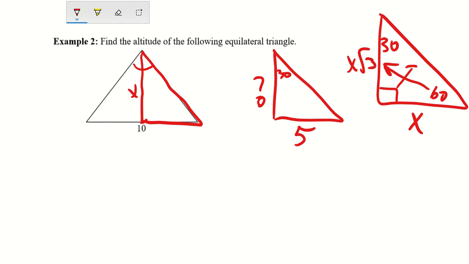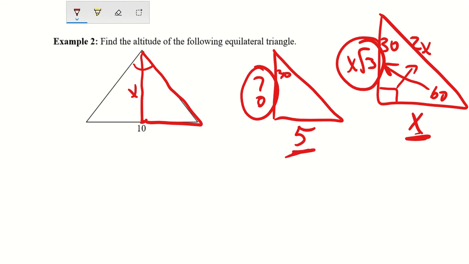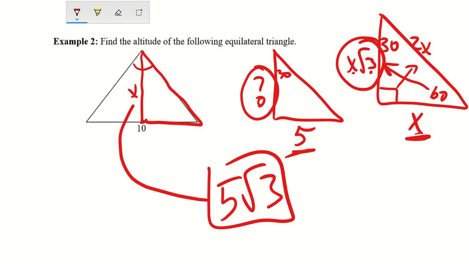And to find the hypotenuse, you have to multiply this one times 2. They want this one, so all I have to do is take x, which is the one we have here, and multiply it times the square root of 3, and we get our answer. So this one would be 5 times the square root of 3. That would be that little piece right there.